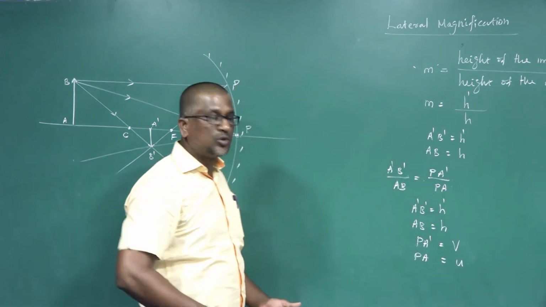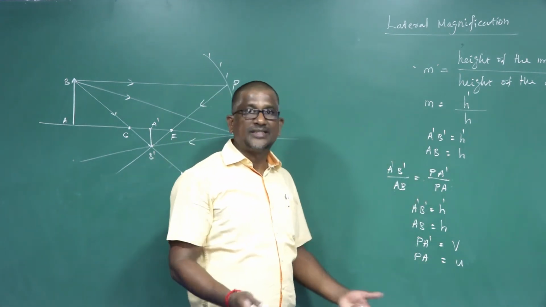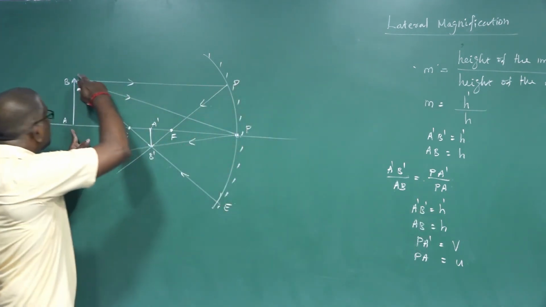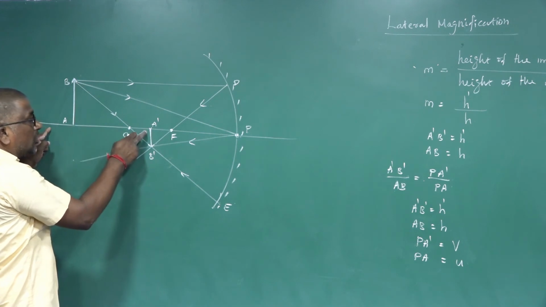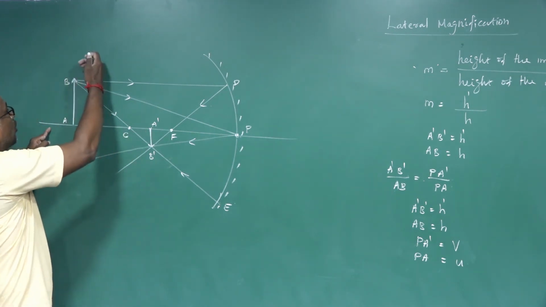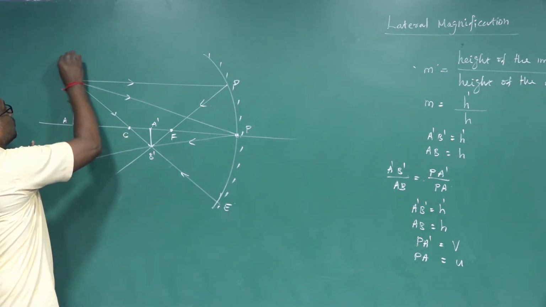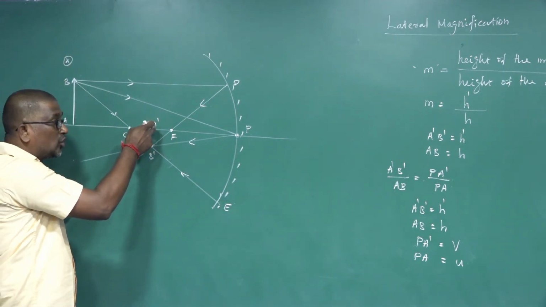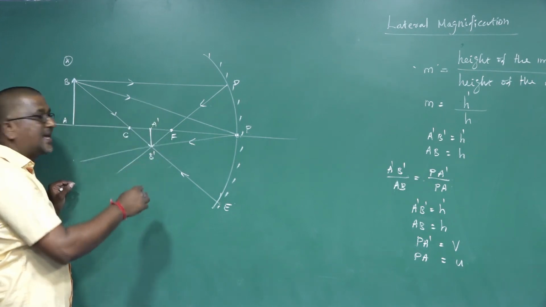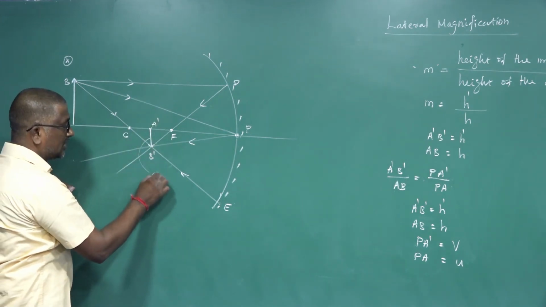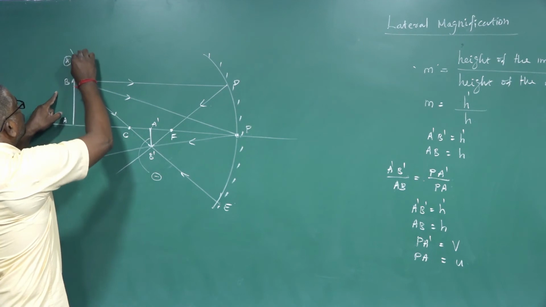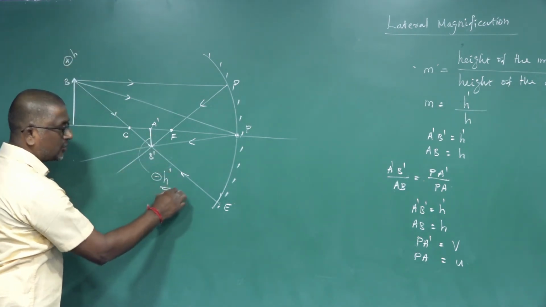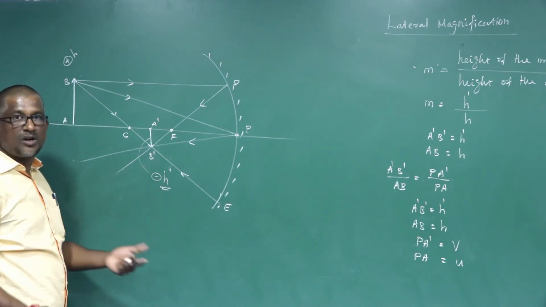Now what we want to do is apply the Cartesian sign convention. By applying the Cartesian sign convention, all the distances measured perpendicular to the principal axis and above should be taken as positive, and all the distances measured perpendicular to the principal axis and below should be taken as negative. Here, object height should be positive and image height definitely negative, from the Cartesian sign convention.